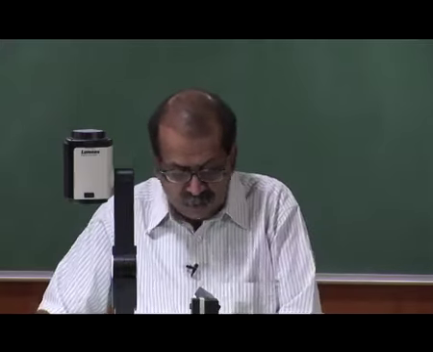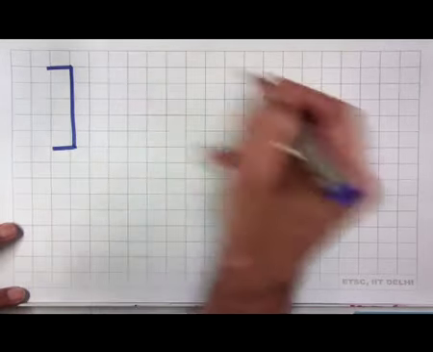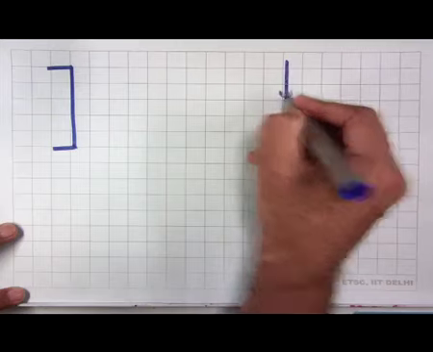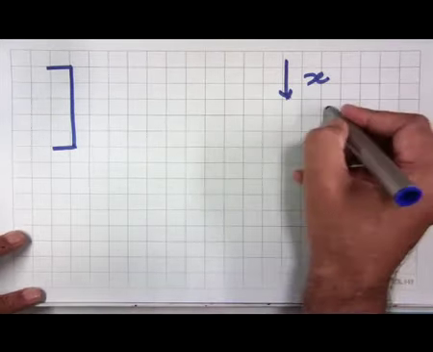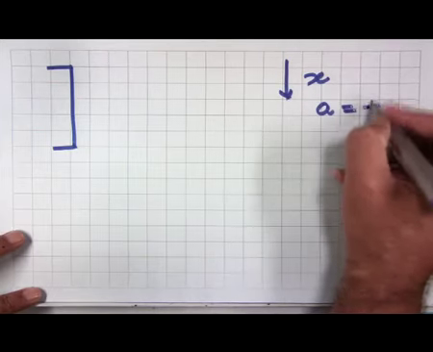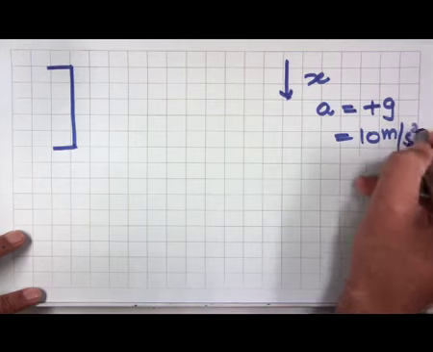Let us now solve this problem. So, what we have is that this is the building from where the ball is falling. Let us choose the x direction downwards. So, therefore, the acceleration is equal to plus g, which will be 10 meters per second square.